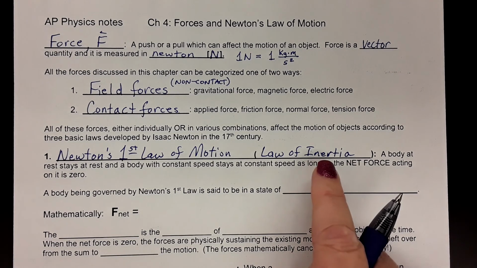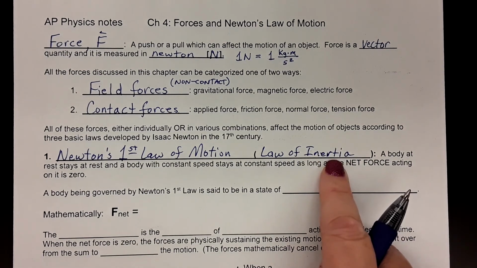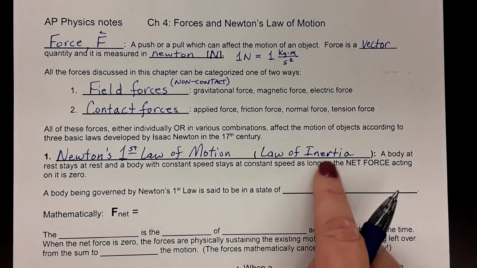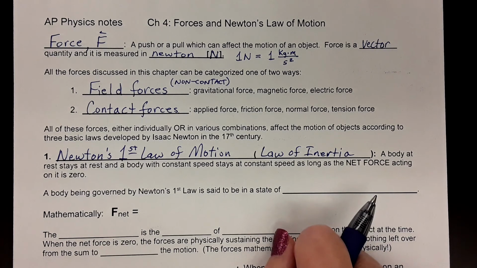So, if an object is moving, it wants to continue moving because its inertia wants it to. If it's at rest, its inertia wants it to remain at rest. And it resists changing that. Now, that doesn't mean you can't overcome the inertia and change the motion. It just means the inertia of a mass will always resist any change in the state of motion.